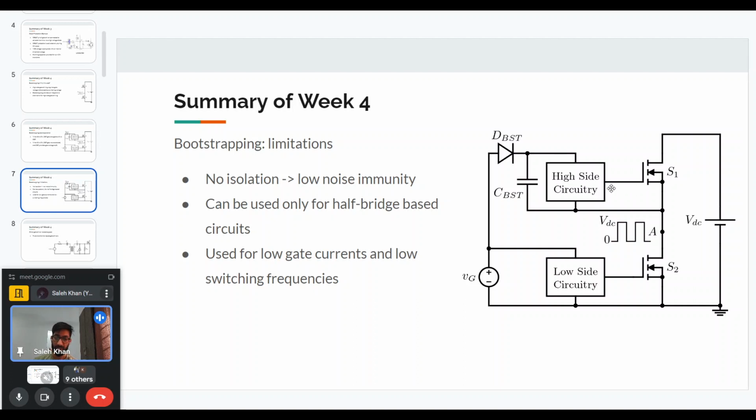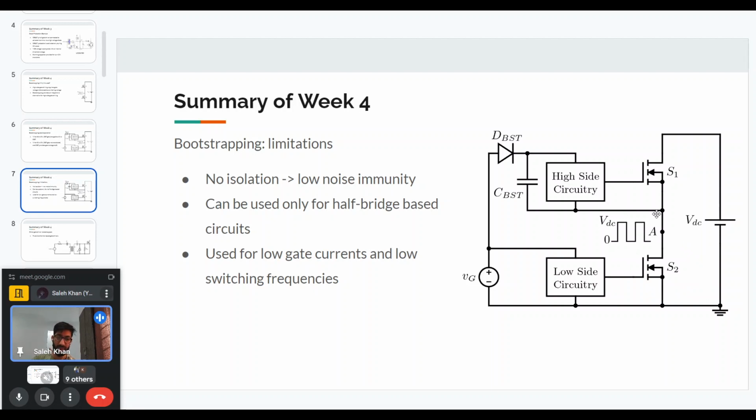One solution you can think of is to just increase the value of this capacitance so that it can provide more current without discharging. But if the capacitance value increases, then it will take more time for the capacitor to charge as well. And we saw that the only time for the capacitor to charge is when the S2 switch is on. So it depends on the switching frequency of the circuit.